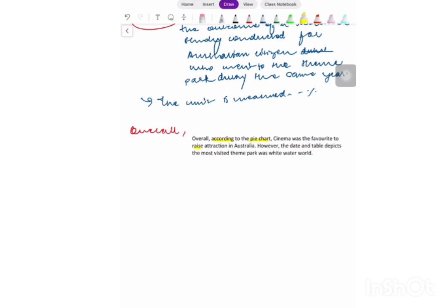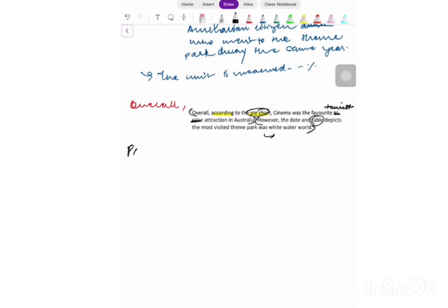So in the overall also we have first written about the pie chart, and secondly we have written about the table. Now there will be a difference in para 3 and para 4. So in para 3 we'll talk about the pie chart. Whatever major trends and minor trend data observed in the pie chart will be written in para 3, and in para 4 data about the table would be mentioned. So never merge them. The star mark tip is never ever merge them, because you don't want to make it complex. Make it as simple as possible.